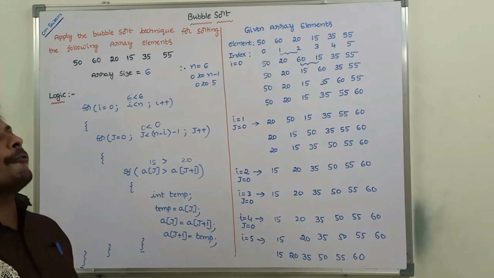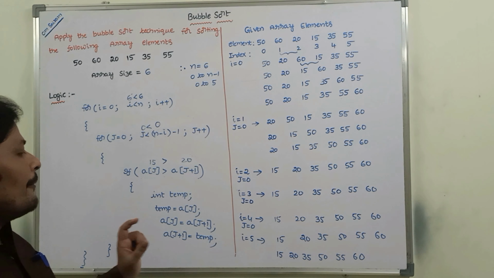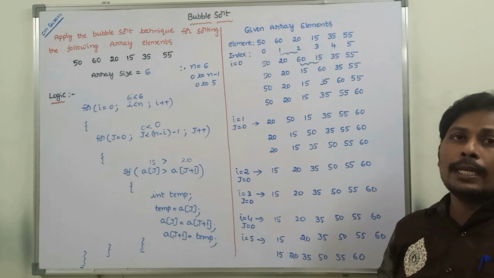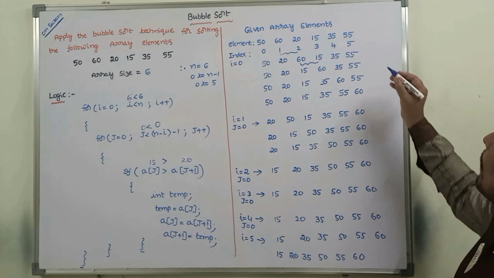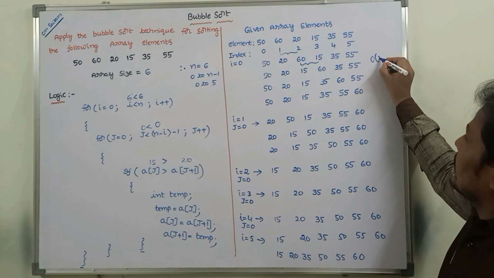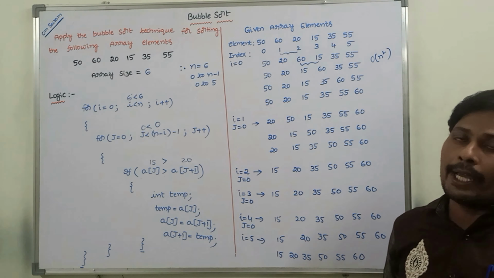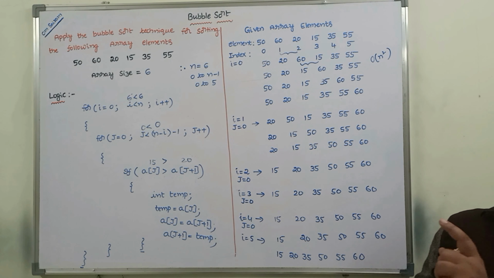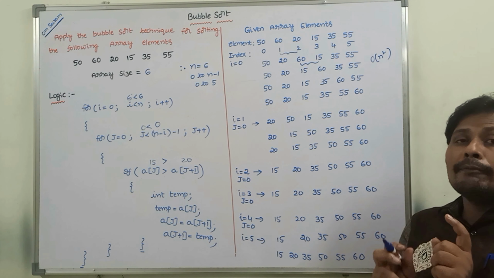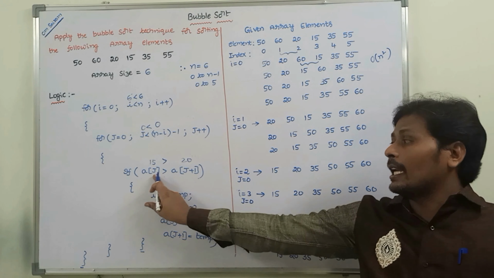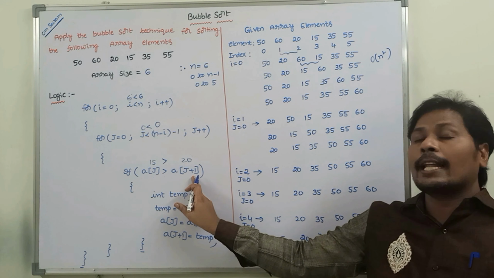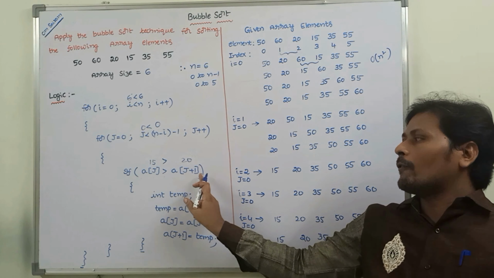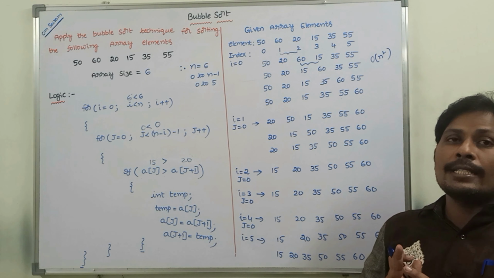Now we can go for the implementation. But before going to the implementation, what is the time complexity of bubble sort? The time complexity of bubble sort is big O of n square, where n is the number of elements. We always compare the adjacent elements. A of j and its adjacent element a of j plus 1 are two adjacent elements.